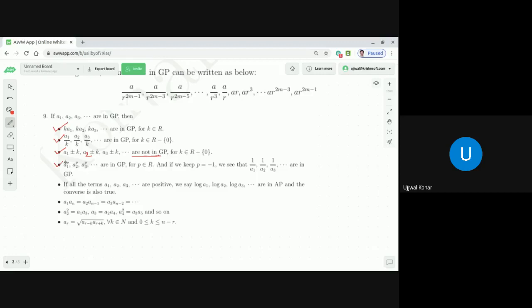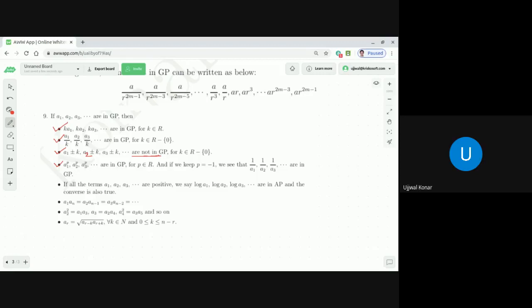Then the fifth point: if all the terms A1, A2, A3, A4, up to n terms, are positive, then log of A1, log of A2, log of A3 are in AP. If A1, A2, A3 and so on are in GP and all the terms are positive, then the logs of those terms are in AP. Why do the numbers have to be positive, you know, dear students? Because as we know, log of a negative number is not defined.